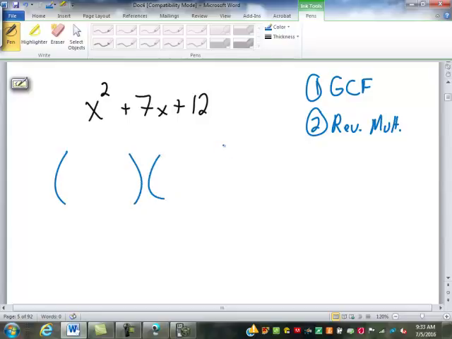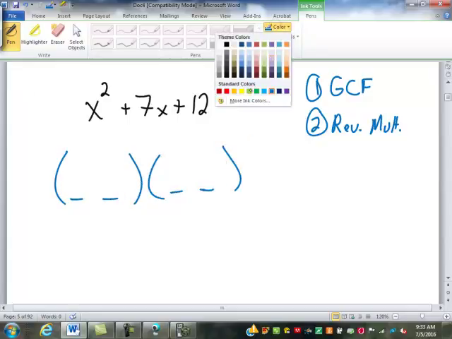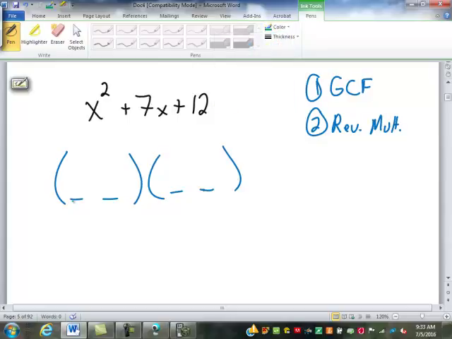So we're going to assume this splits up into two two-digit numbers. What do these first digits have to be? X times x. Why? Because they have to multiply to make x squared. What do these last 2 digits have to multiply up to?